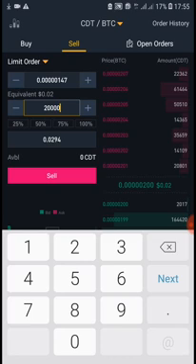Once you set 20,000 coins, you will have a balance of 30,000. You can set another sell at 154 for, let's say, 10,000 coins, and then you set another sell for 160 for another 10,000, and then you have another 10,000.